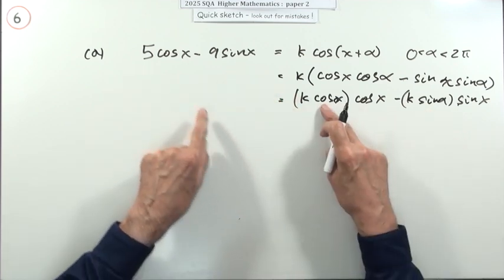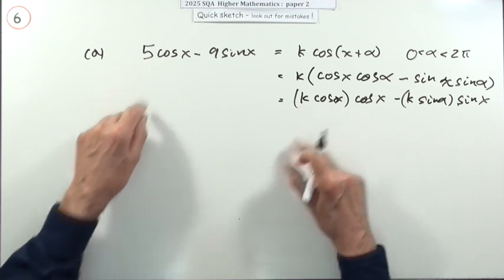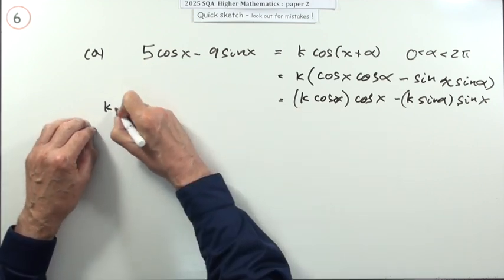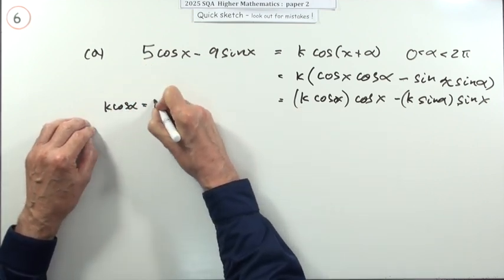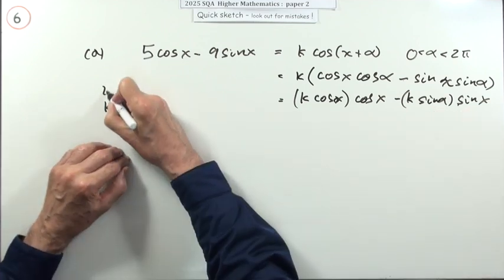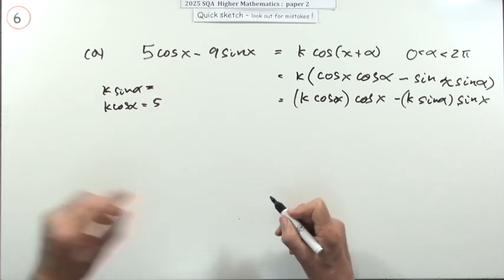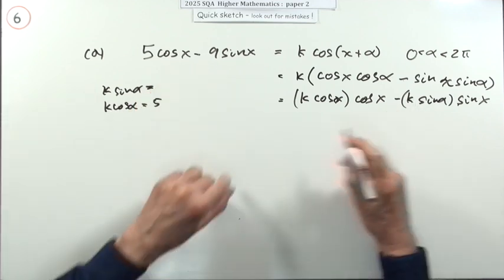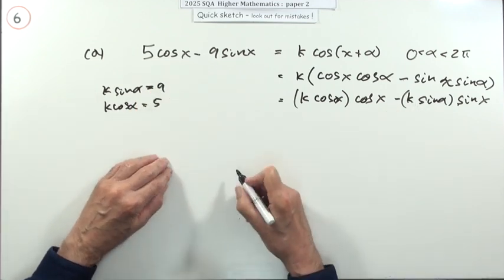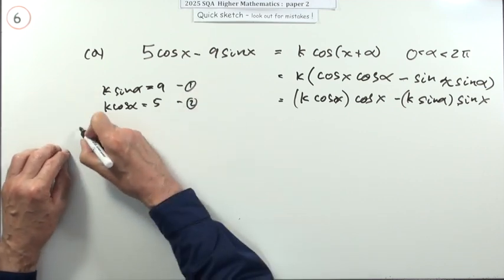So that means that the cos has got 5 in front, so k cos alpha must be 5. And the sine has got k sine in front, and it's negative, so that will equal a 9. Right, so you've got 2 equations and 2 variables here.